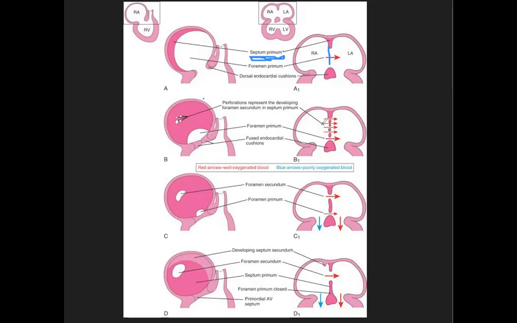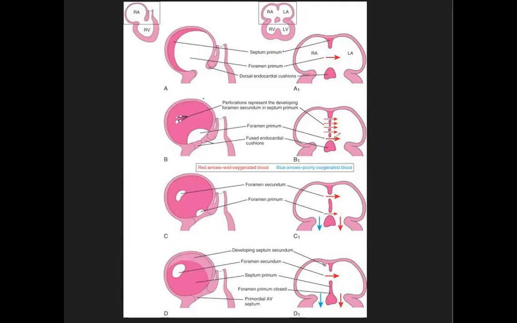After that, there will be perforations in this septum primum, so that a foramen secundum can develop in the septum primum. So here, at the above area, we will see a foramen secundum. I can explain it in better ways.